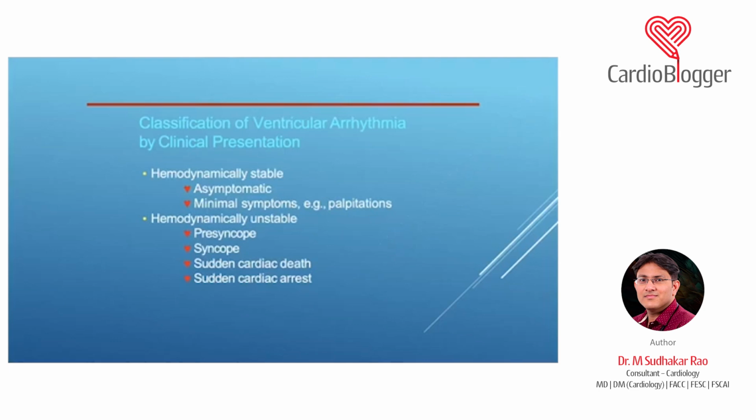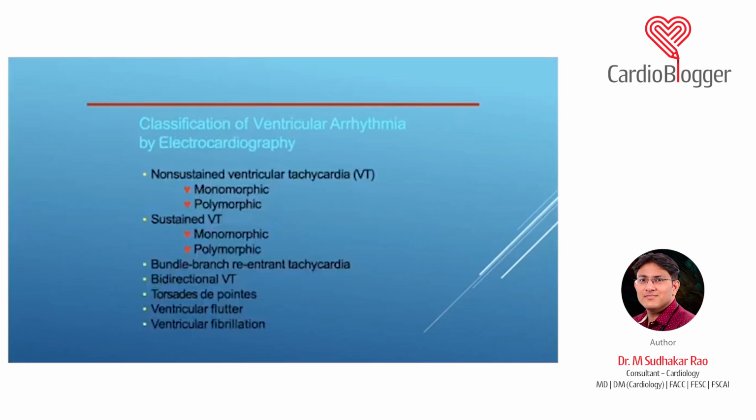Usually in the setting of an MI or a structural heart disease like HCM or ARVD or various other things which we are going to discuss, they may have symptoms like pre-syncope or syncope. Many of them may present with sudden cardiac death, or some people may have sudden cardiac arrest or a resuscitated cardiac arrest.